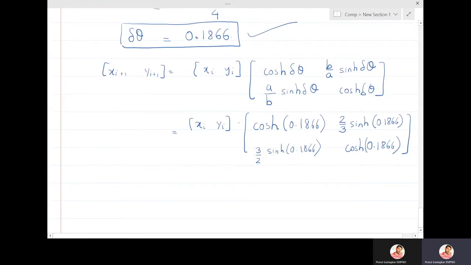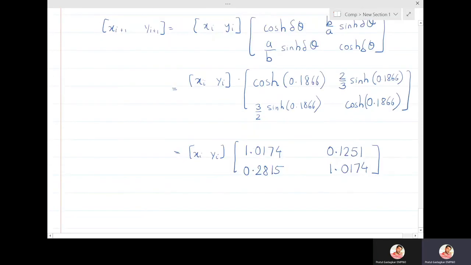Okay, and this calculation comes up to be, I'm writing the numbers now, 1.0174, 0.1251, this is 0.2815, and this is again 1.0174. Okay, so this will be our matrix A, and this is the formula which will generate our points x(i+1), y(i+1).